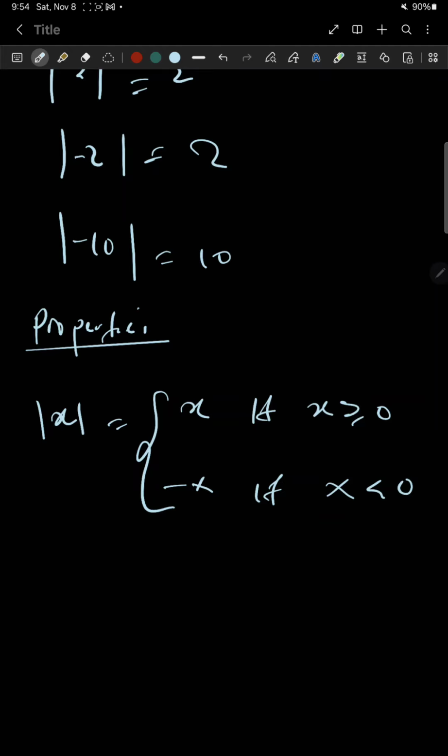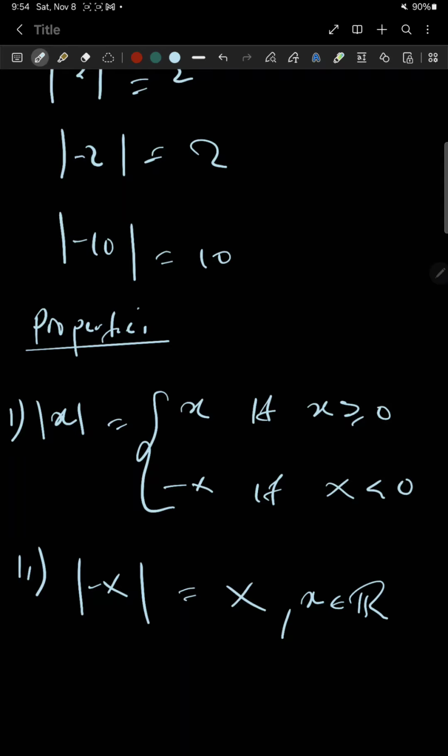This is one of the properties of the modulus function. Then the other one, which practically means the same, is that the modulus of -x is x, where x is a member of the real numbers.